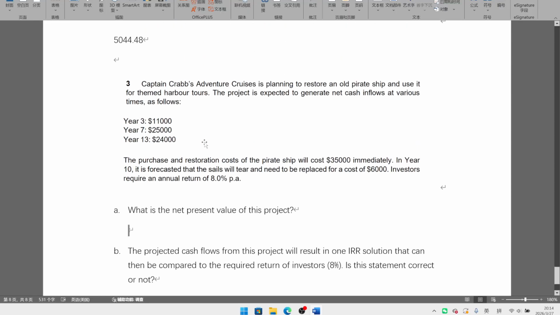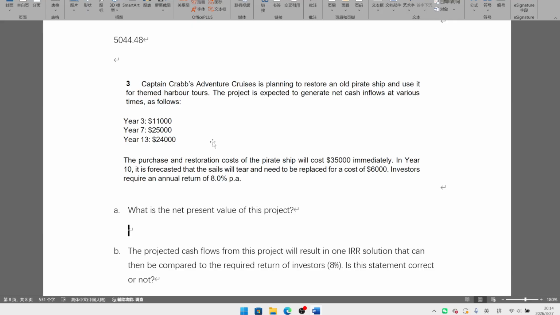So let's calculate the NPV first. So what's the cost? The time is 10 years. In year 0, it's a cost of 35,000. In year 3, we can find an income of 11,000.